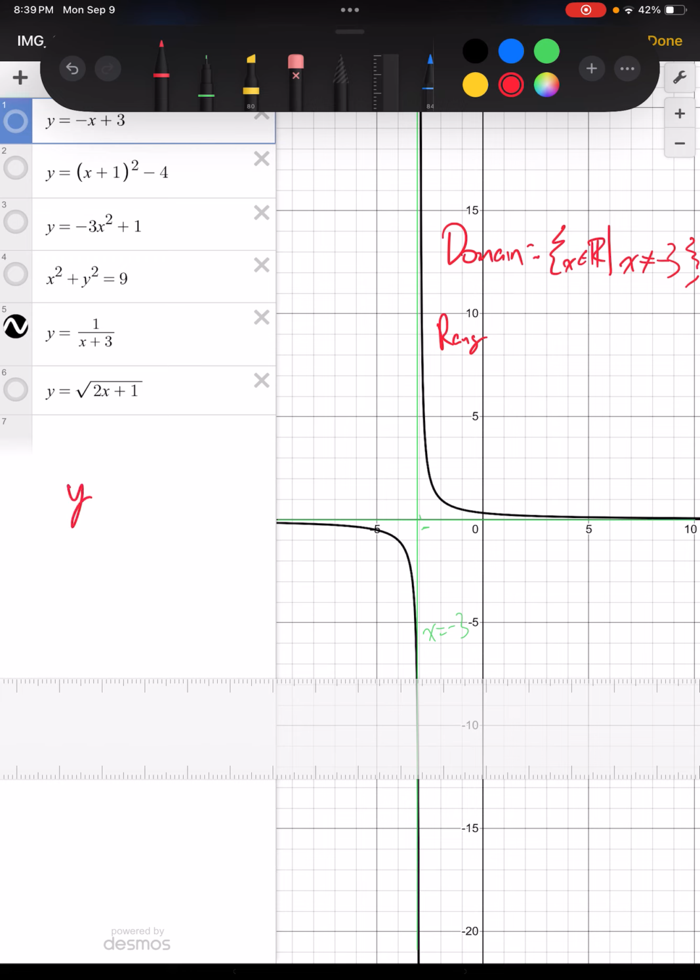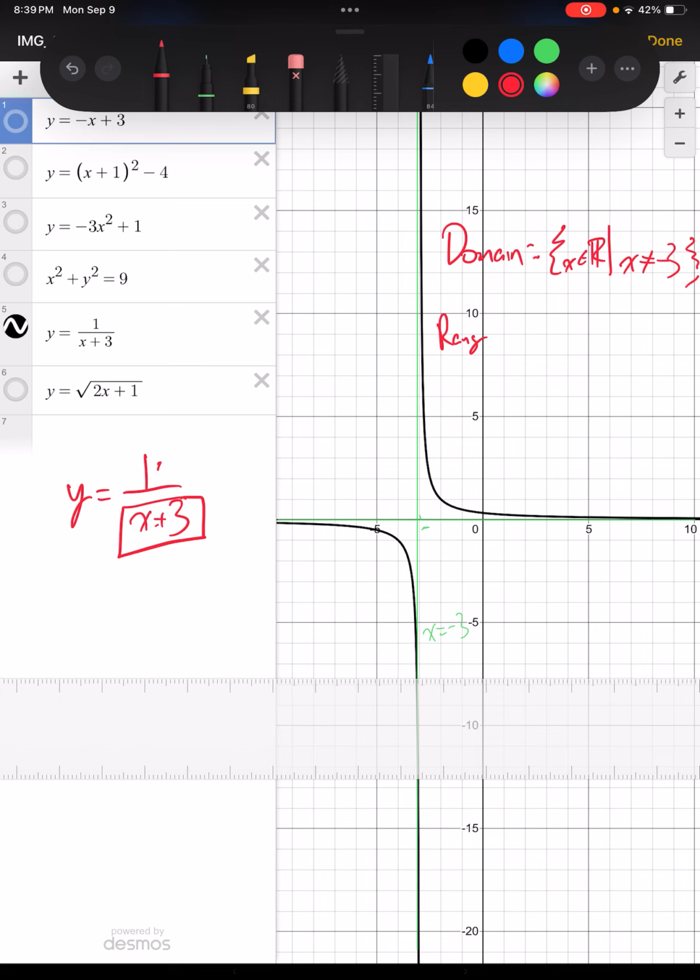Let's see, y equals 1 over x plus 3. Is there any value that can make this 1 into a 0? No. If it was infinity, basically, if you try it in a calculator, just divide 1 by larger and larger numbers.